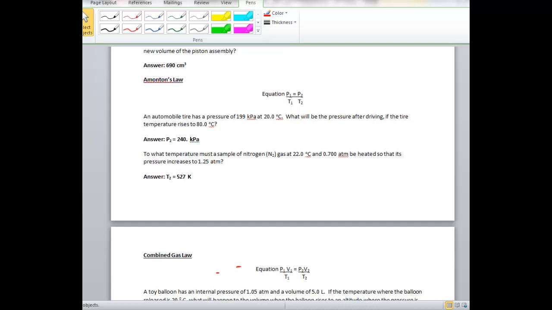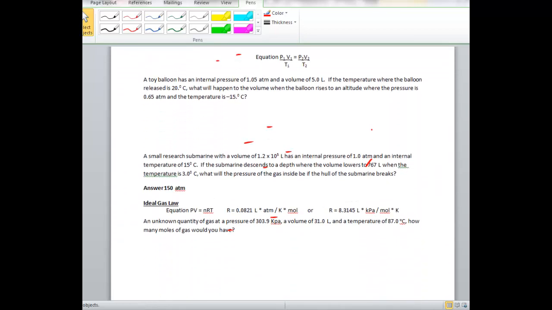We're going to go on to the combined gas law. So combined gas law, we put Boyle's law together with Charles' and Gay-Lussac's law and look at the behavior of gases in more of a realistic situation. Very similar setup.